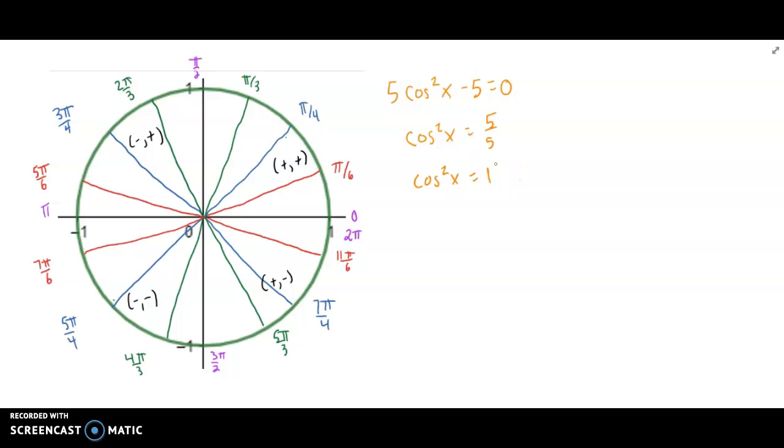And so then I can solve that. Cosine would equal plus or minus 1. Now, that means that I'm going to be here and here, so on the x-axis. I'm solving from 0 to 2 pi, not including 2 pi. So my solutions to that would be 0 and pi.